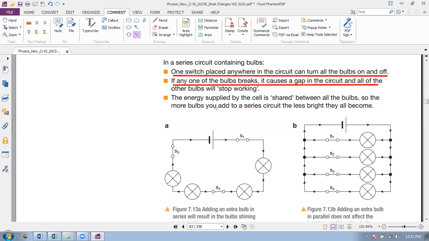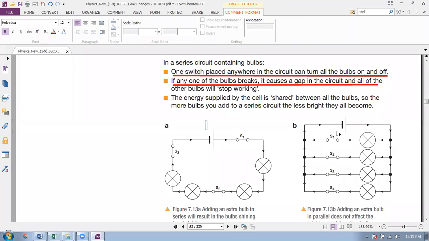And the energy supplied by the cell is shared between all the bulbs. So the more bulbs you add to the series circuit, the less bright they all become. The energy is coming from the cell. If the cell is, for example, 1.5 volts, what does it mean?